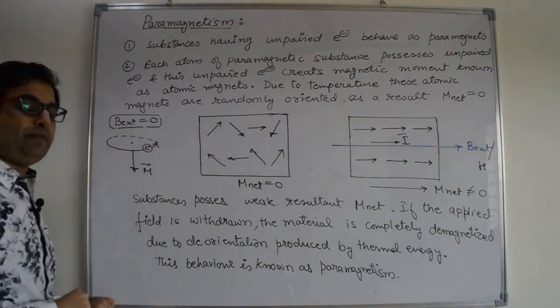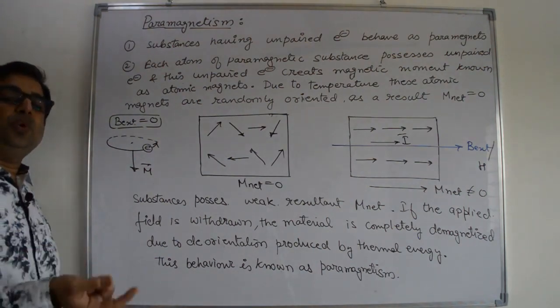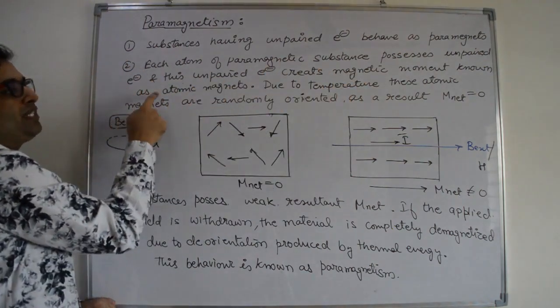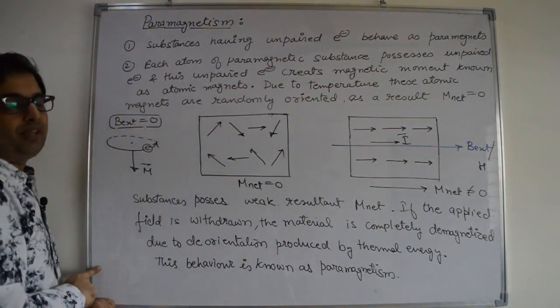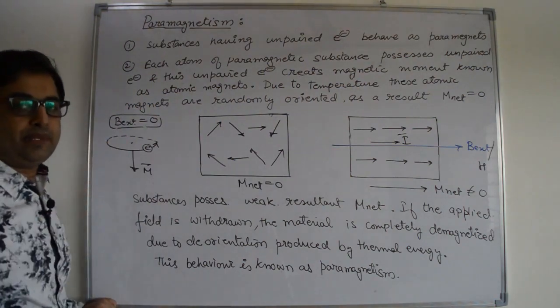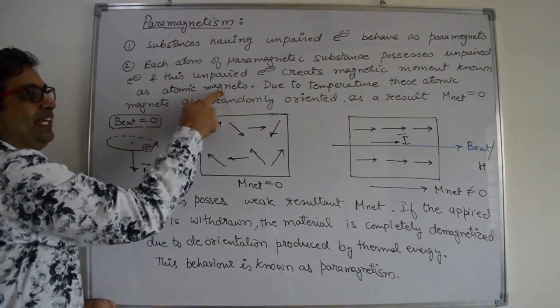So in this type of material, each and every atom will have its own magnetic moment. That magnetic moment is known as atomic magnets, right? So unpaired electrons will create magnetic moments, and these magnetic moments are atomic magnets.